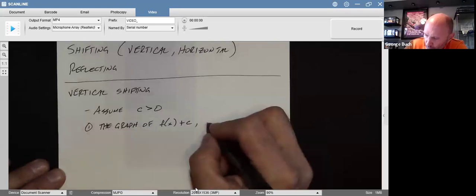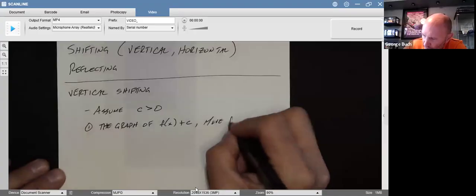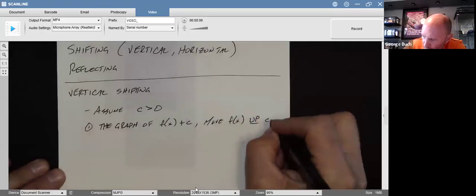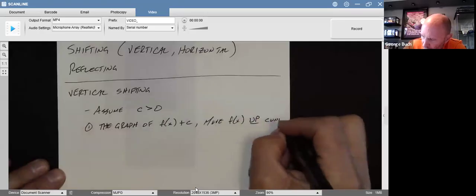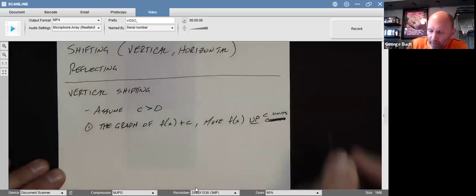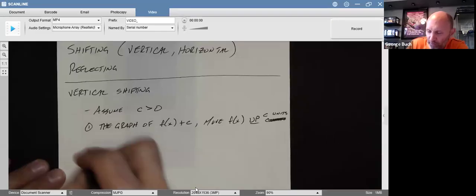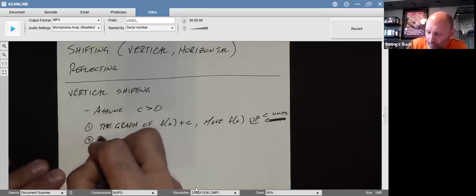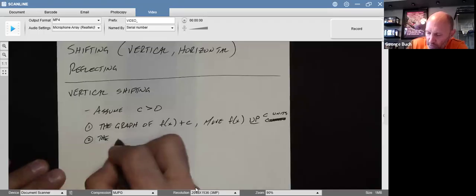So we move the graph of f of x up c units. And I'll simplify this for us here in a second, but let me give you the official definitions here, verbiage.